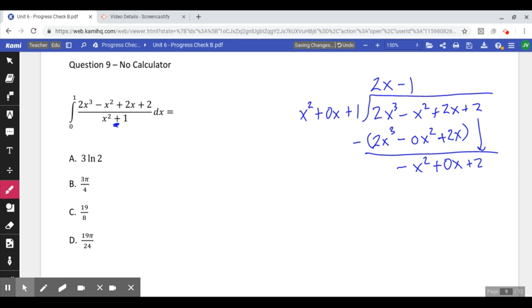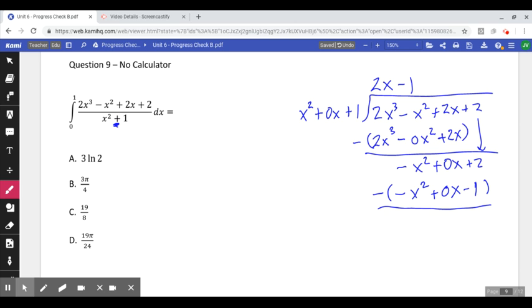Then I'm going to distribute that across the entire expression I'm dividing by. So negative 1 times x squared is negative x squared. And then I'll have negative 1 times 0x, which is still 0x. And then negative 1 times 1 is negative 1. I have to subtract each one of those terms from the expression above it.